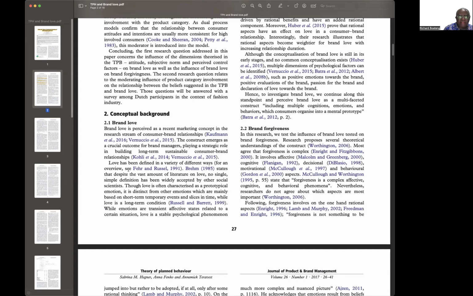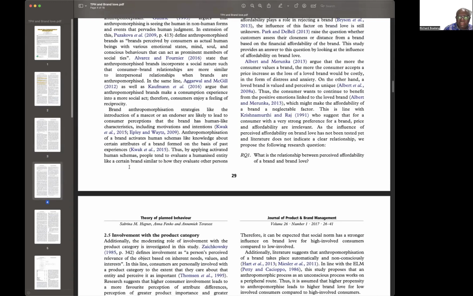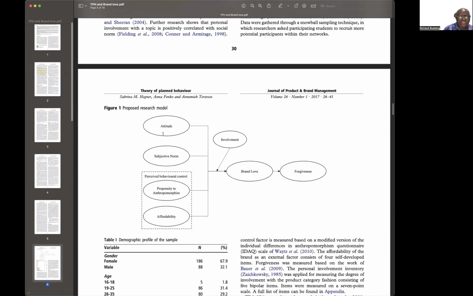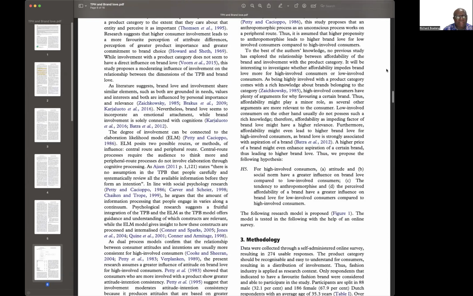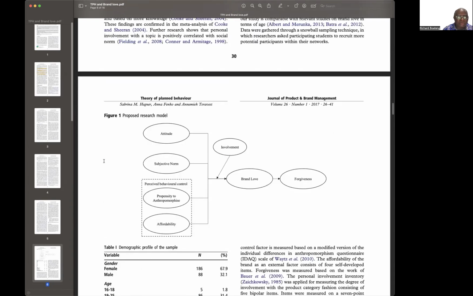So in his work, he is able to develop certain hypotheses and then propose this particular model. Attitude, subjective norm, and behavioral control, and two variables: the affordability to buy that particular luxury brand, and the propensity to anthropomorphize.